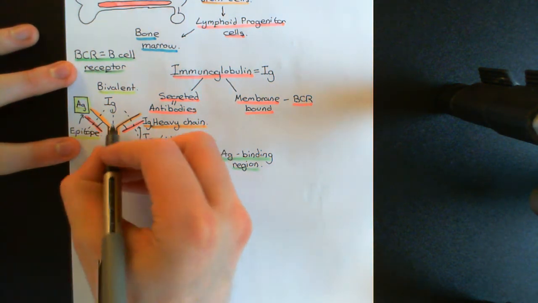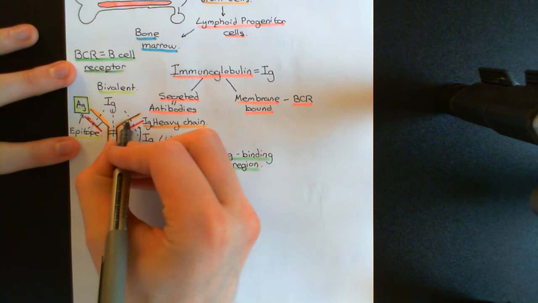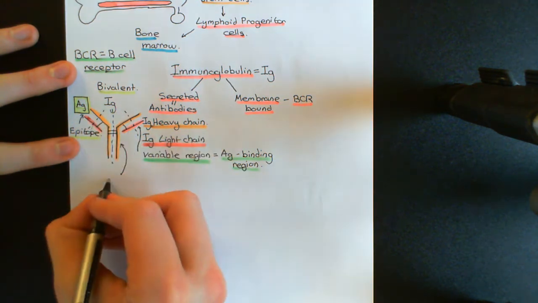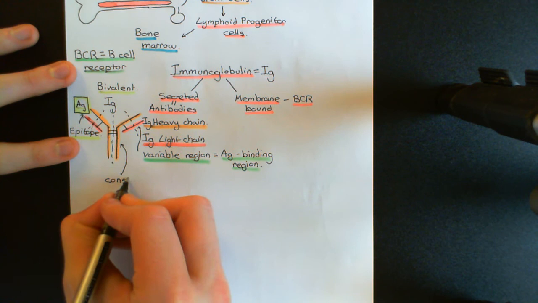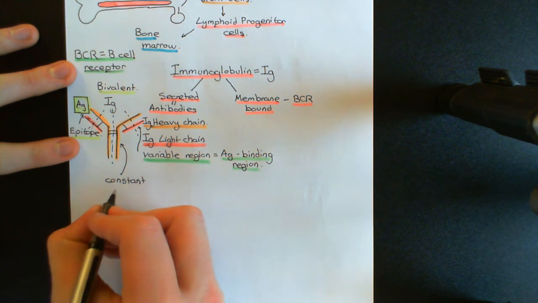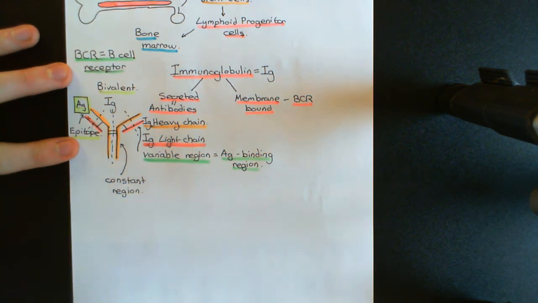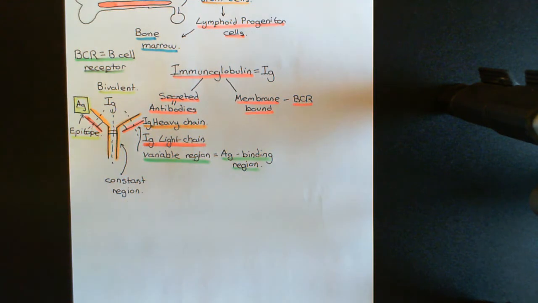Okay. This portion, meanwhile, so this sort of smaller y, if you like, underneath the 2 lines here, is called the constant region of the immunoglobulin molecule, and this isn't going to be different between the different B cells.